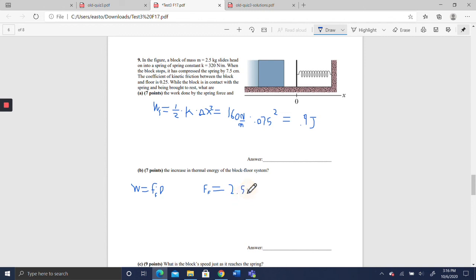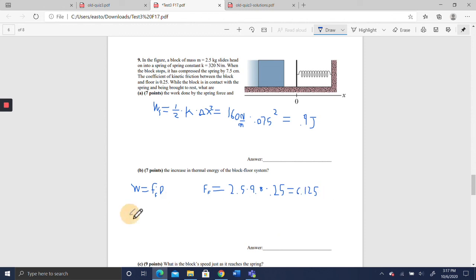The normal force is the mass, 2.5, multiplied by gravity, and then we multiply that by the coefficient of friction. That gives us a value of 6.125.